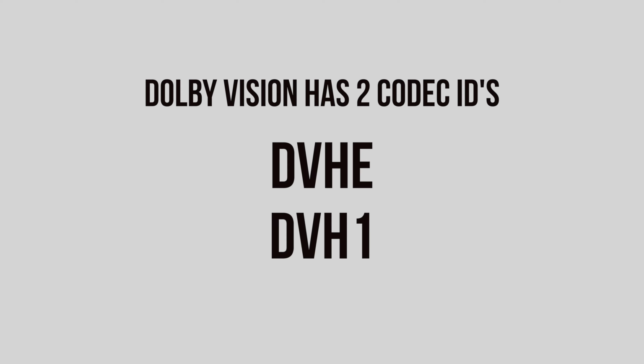So if there is any file which is tagged with HEV1, QuickTime will straight up refuse to play it. It doesn't even know what that file is. And similarly, it applies to Dolby Vision. Dolby Vision has two codec IDs, DVHE and DVH1. And Apple, as you might have expected, only reads DVH1 files.